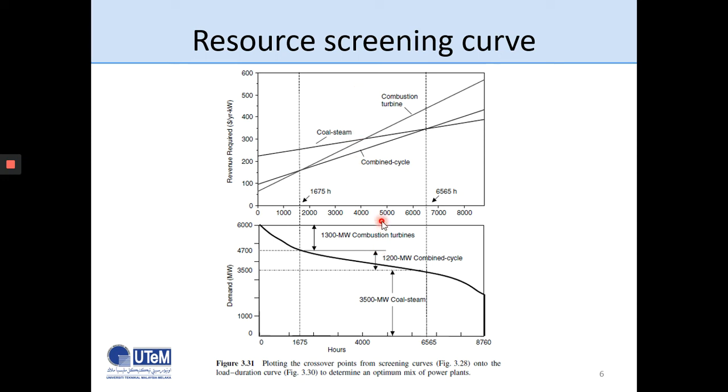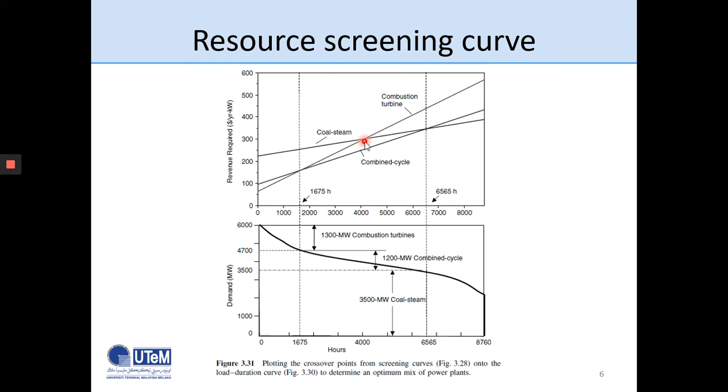Right? So that's why, for combustion turbine, we want to use around 1,300 megawatts when it's the cheapest value. After that, we want to use 1,200 from combined cycle, and the rest for the base load. Because for coal, the price does not increase that much even after thousands of hours, ideally coal is the best option to supply base load.